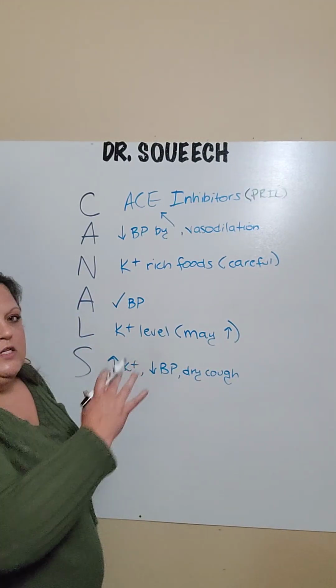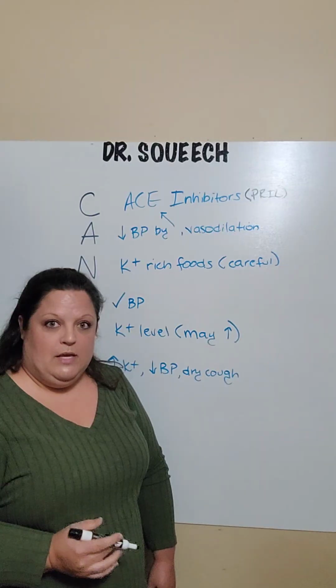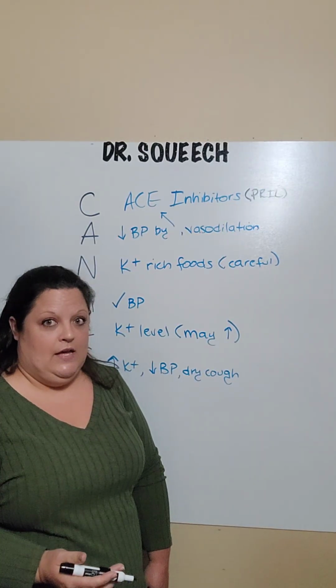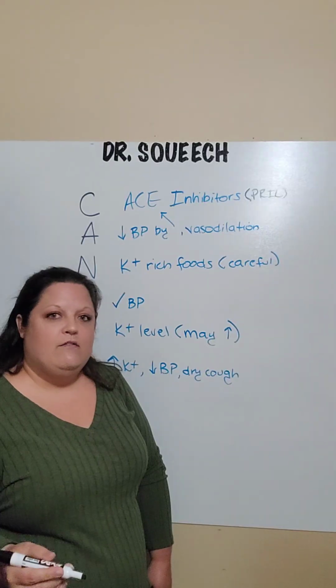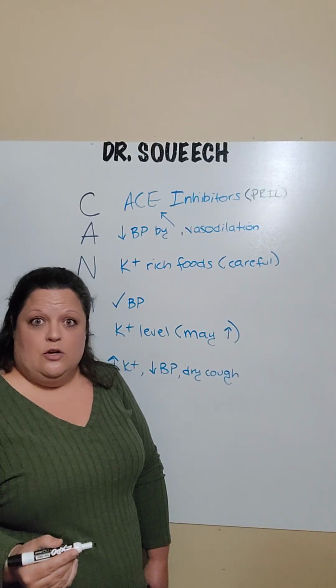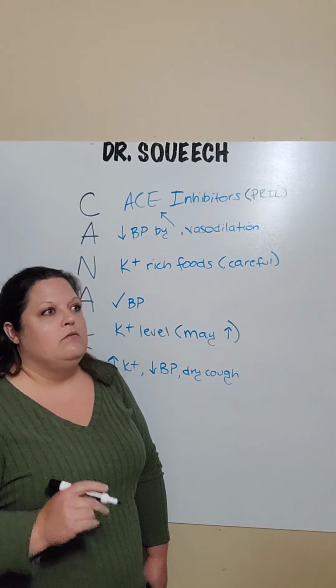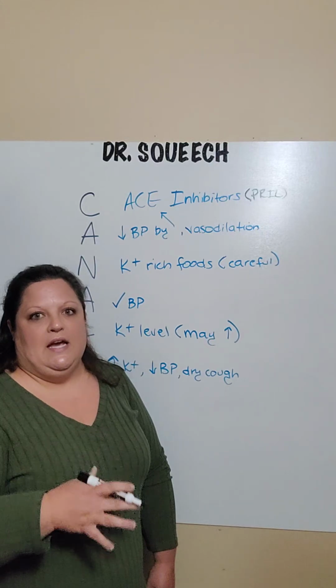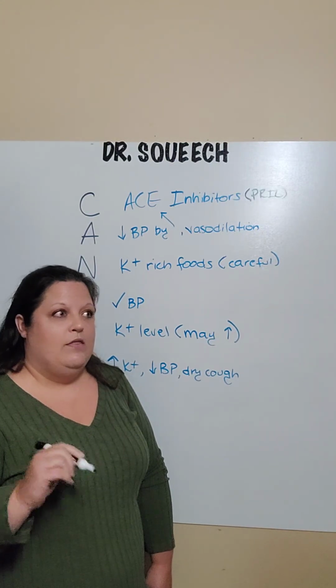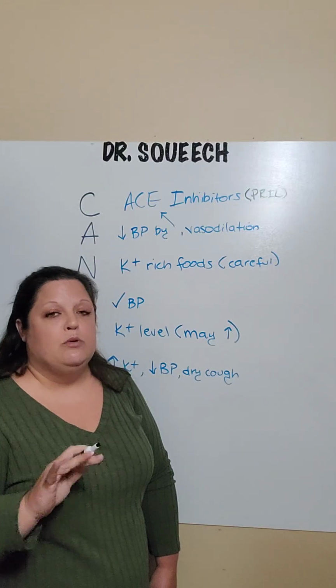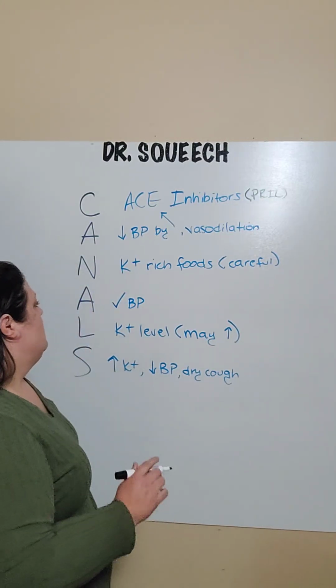Labs, of course, we already talked about the potassium level potentially being increased, so I have to keep an eye on that. Depending on your lab resource, 3.5 to 5, or 3.5 to 5.3, is considered your normal range, but realize that different labs are going to have different ranges. So whatever your instructors tell you about what they're using as a normal range for testing, please pay attention to that.